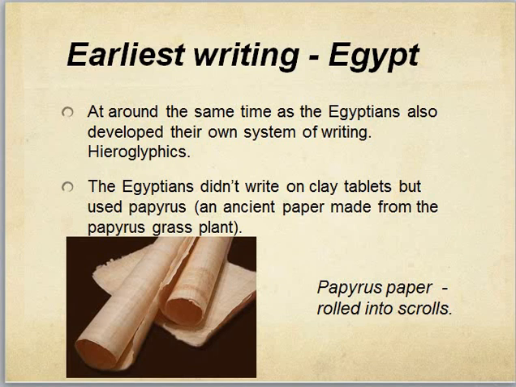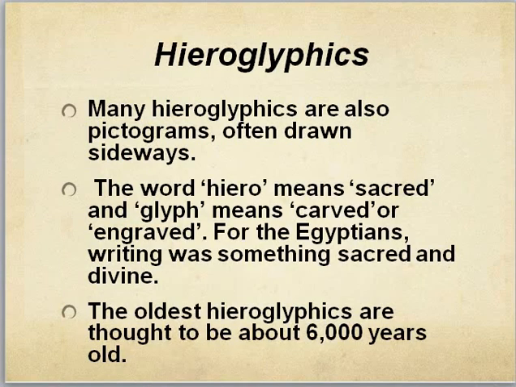The Egyptians didn't write on clay tablets but used papyrus, an ancient paper made from the papyrus grass plant. Papyrus paper was rolled into scrolls.